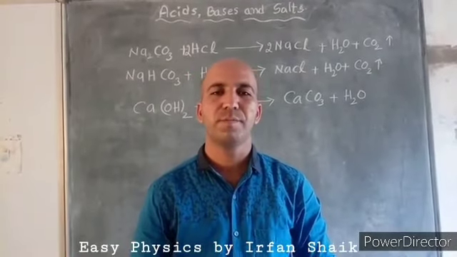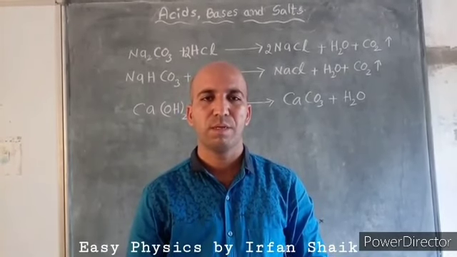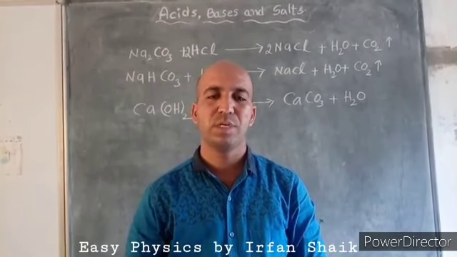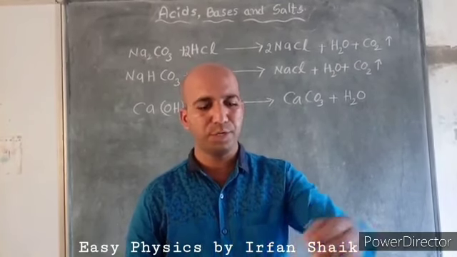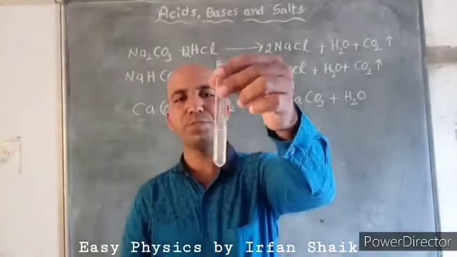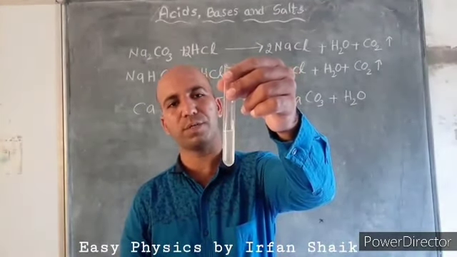In this class, we discuss the neutralization reaction. First, we take some basic solution in a test tube. If you observe in this test tube, I have taken some sodium hydroxide.